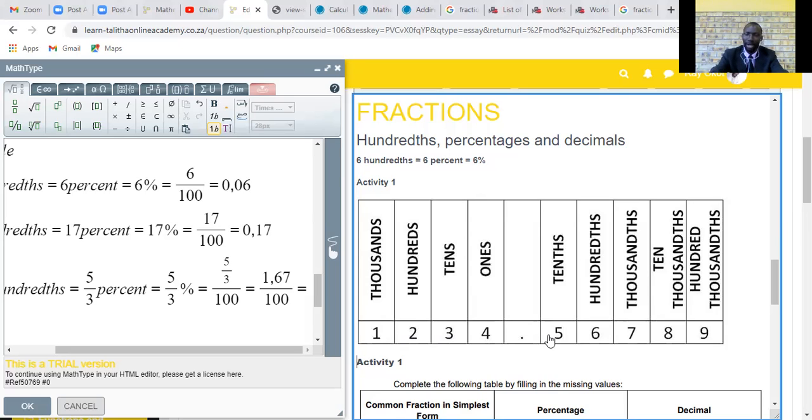Now the first number after a decimal point is called a tenth. The second number is in the position of hundredths. Then the third number is in the position of thousandths, followed by ten-thousandths and hundred-thousandths. Now, from that, we can go ahead to find the value of this.